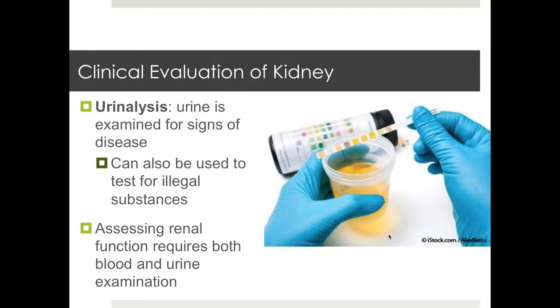Now we'll do some clinical evaluations of the kidney. First we have urinalysis. A sample of urine is put into a cup, so I'm sure you've done this before in the doctor's office. They use a little strip to test your urine to check for either use of illegal substances, like a drug test, or other things like: is the specific gravity of our urine correct?